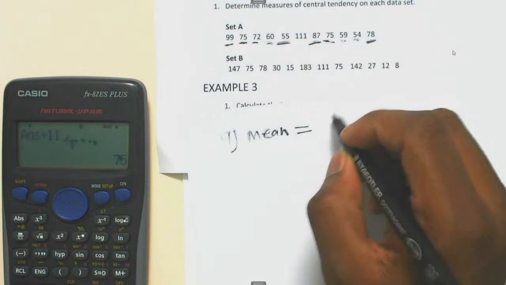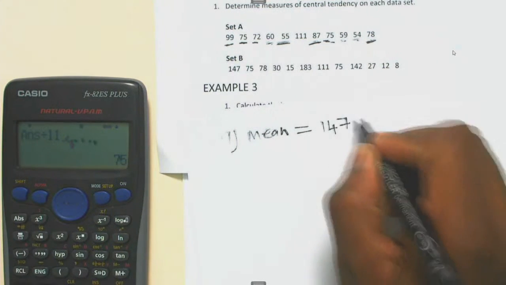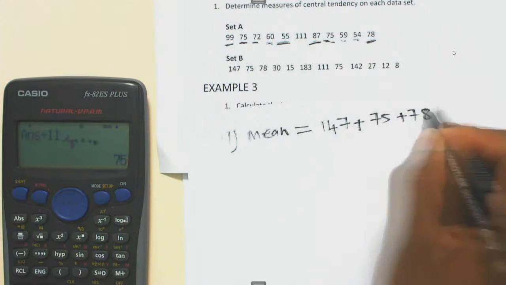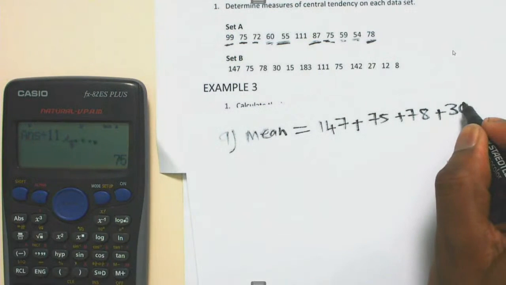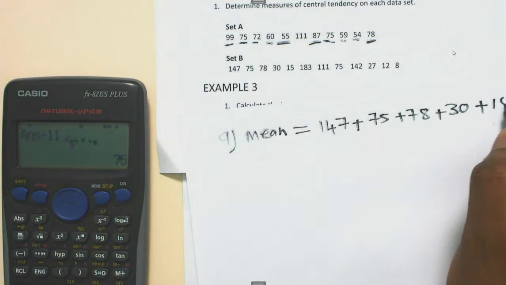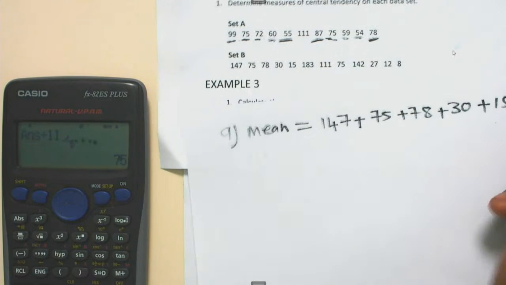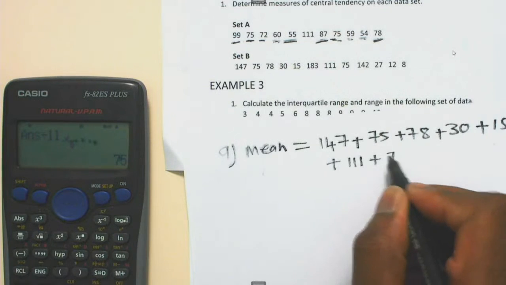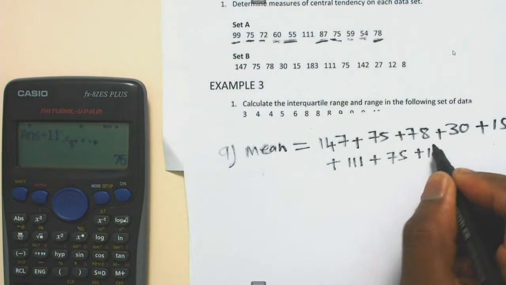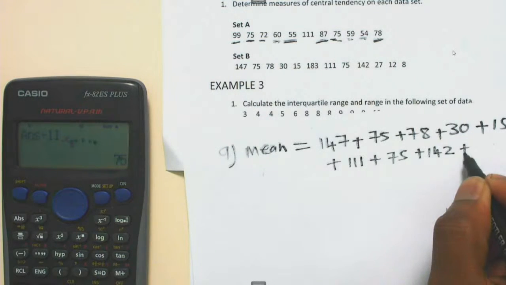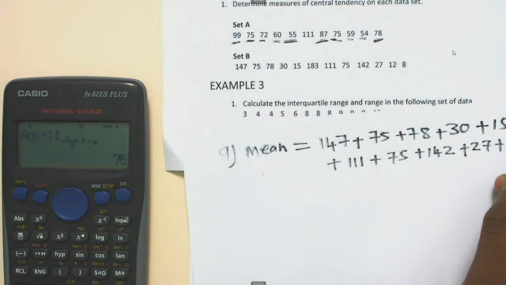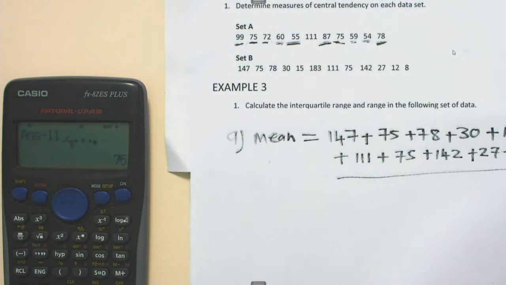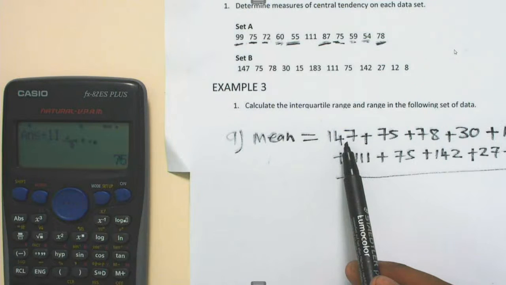So the sum, we're going to say 147 plus 75 plus 78 plus 30 plus 15 plus 183 plus 111 plus 75 plus 142 plus 27 plus 12 plus 8, and then we divide by the number of values we have in this data set.